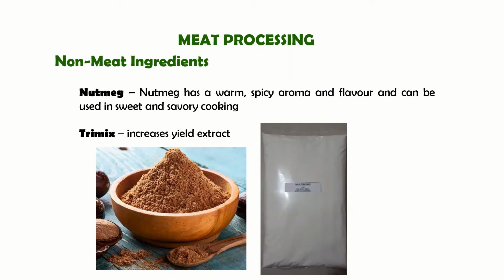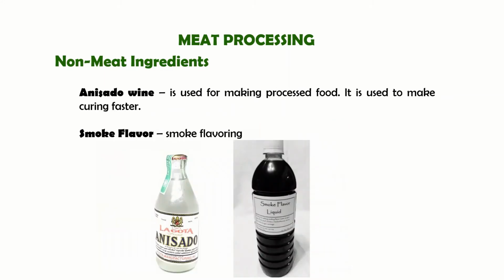It is a seed or ground spice. It gives the aroma and the flavor of sweet and savory cooking. Next is the trimix. It increases the yield extract of the meat. Next is the anisado wine. It is used to make the curing faster. It is made from anise essence.